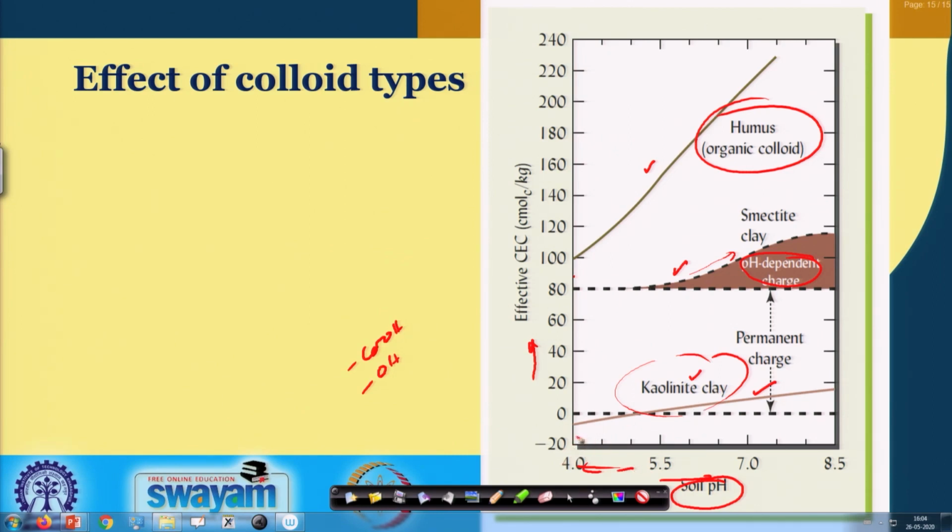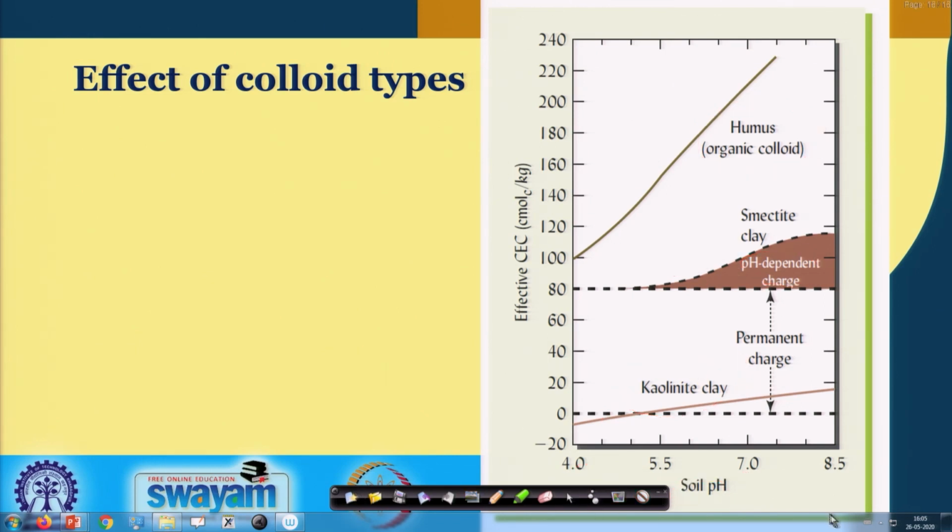So, basically in this case they are producing positive charge instead of negative charge, thereby decreasing the cation exchange capacity. So, this graph shows the effects of different types of clay minerals as well as the organic colloid, and the relationship of effective CEC and soil pH for these 3 different fractions.